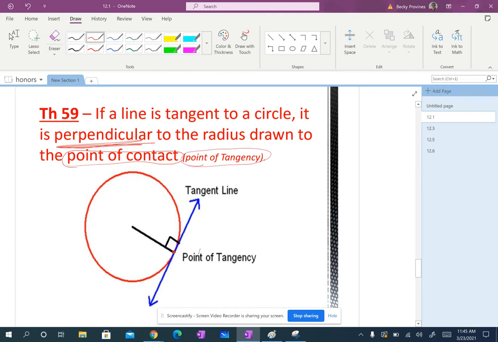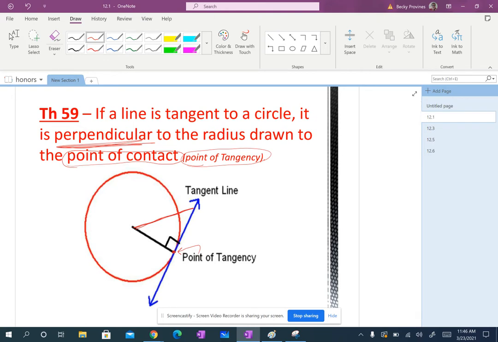And what we're referring to is where the line and the circle meet. At that point right there, when you have a diameter or radius, it forms a right angle. And that right angle becomes very handy because you can do lots of things. Mostly, if you connect this, you have a right triangle, and all the right triangle stuff comes back, right?